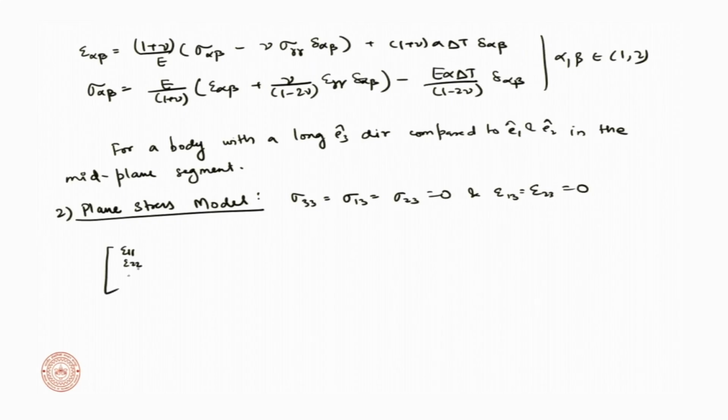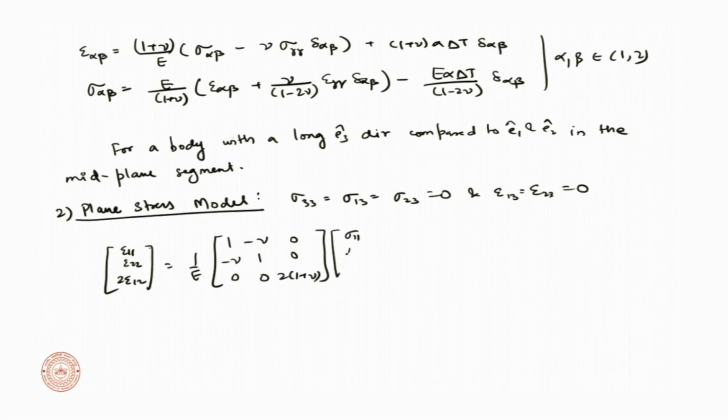Epsilon 1 1, epsilon 2 2, 2 epsilon 1 2 is equal to 1 over E times the matrix 1, minus nu, 0; minus nu, 1, 0; 0, 0, 2 times 1 plus nu; times sigma 1 1, sigma 2 2, sigma 1 2, plus alpha delta t times 1 1 0.